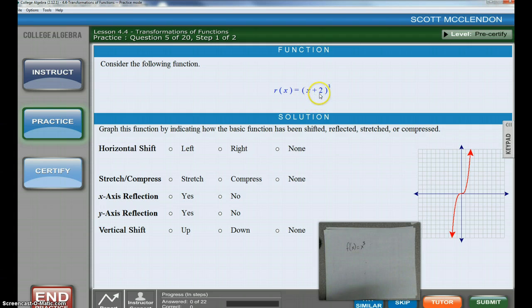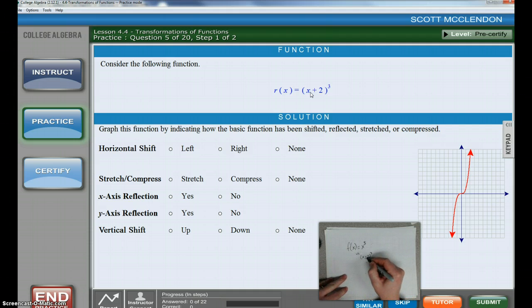The x plus 2 inside here is always going to be your horizontal shifting. If it's inside parentheses in this nature, it's going to be the horizontal shift. It's going to look like some type of grouping. So for instance, x plus 2 cubed, you would think that would be to the right 2, but it's actually to the left 2.